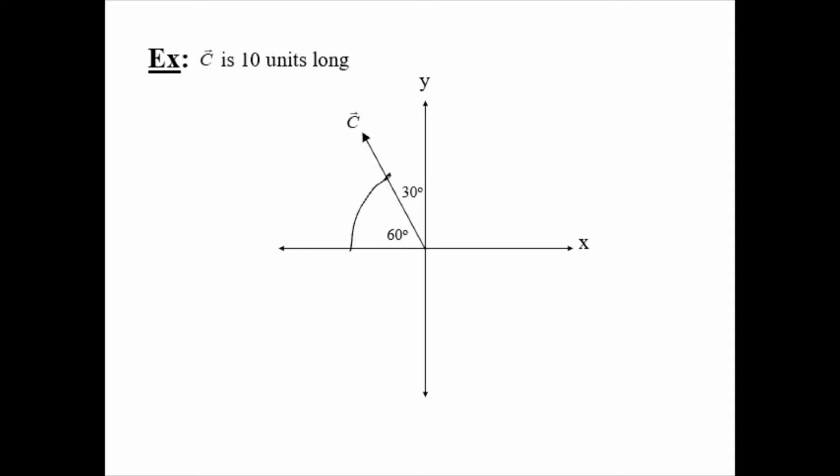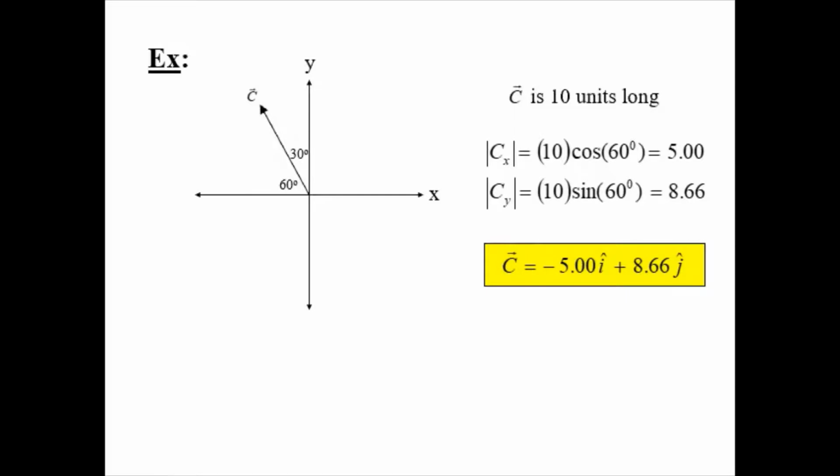That's my working angle over here, and that's the angle I want to use with this system. 30 degrees here is the angle between the vector and the y-axis, and for right now, we're not interested in that. We want the angle between the vector and the x-axis. So we just take the quickest route between those two, and here our working angle is 60 degrees.